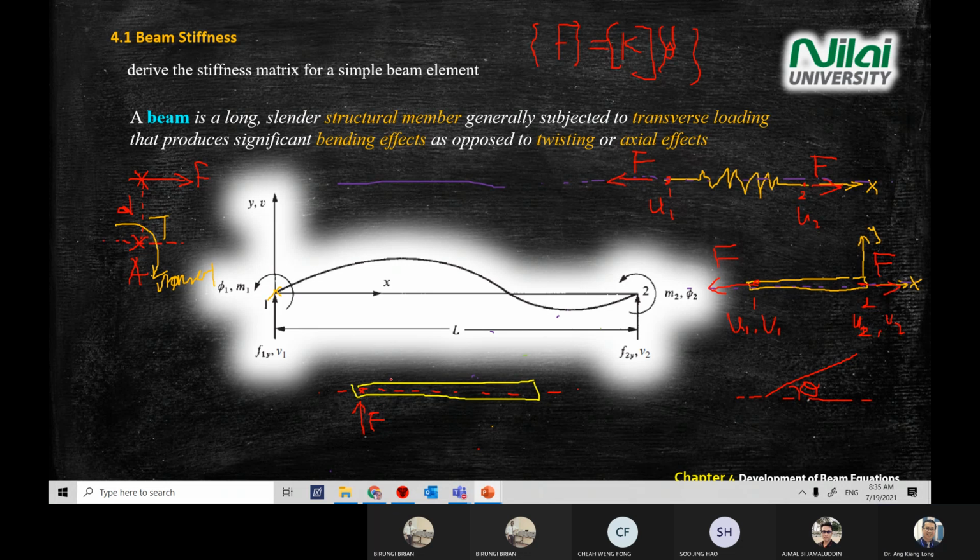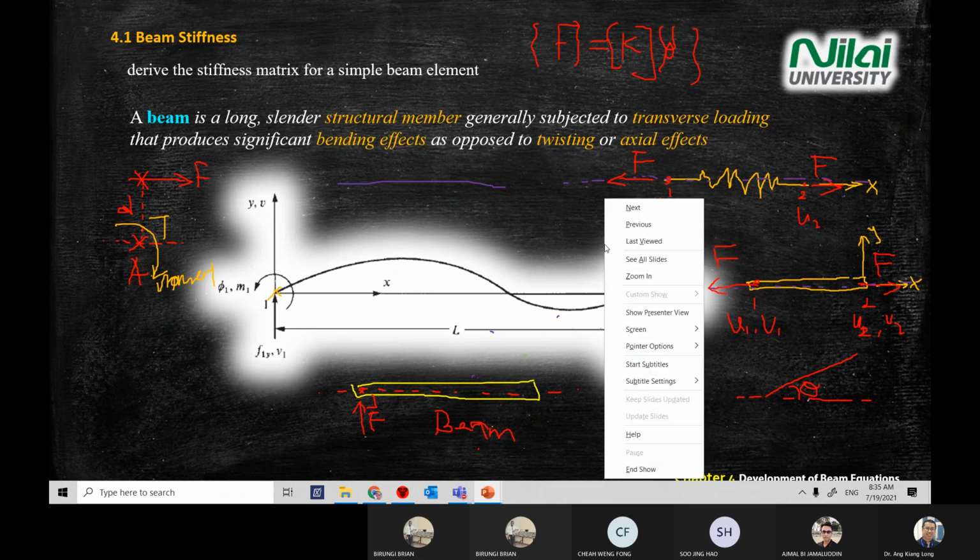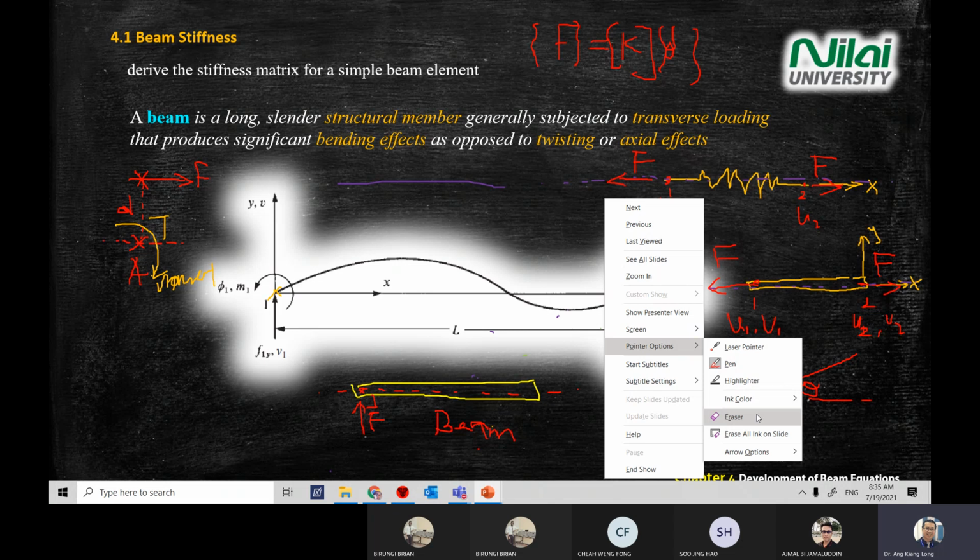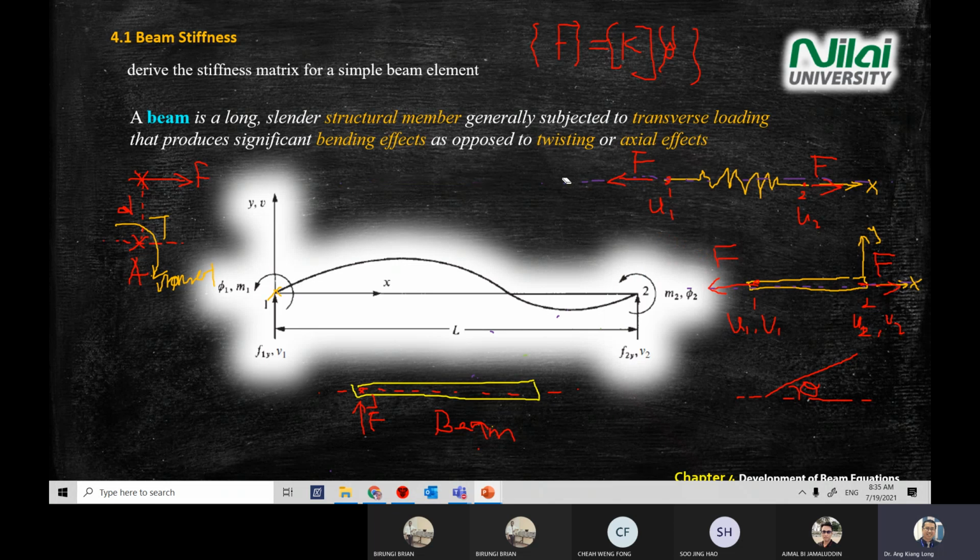Then this will become a beam problem if your force is perpendicular, 90 degrees, to the body. Compare again the spring, bar, and beam. Can you see the differences? Focus on the force direction.